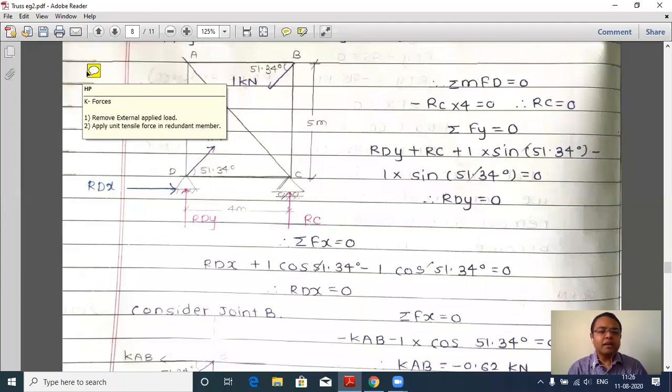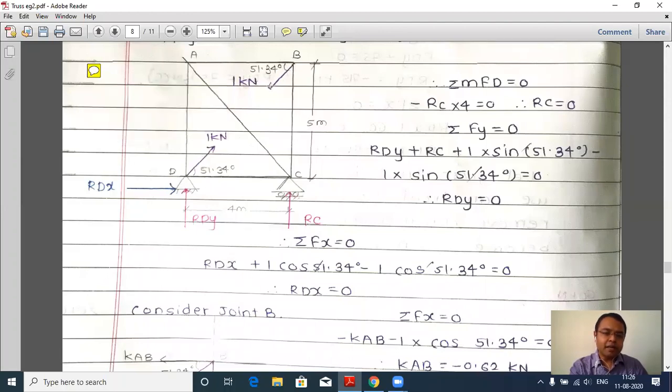So in K forces, just apply a unit tensile force, that is, only one kilonewton force in that unknown member, member DB.